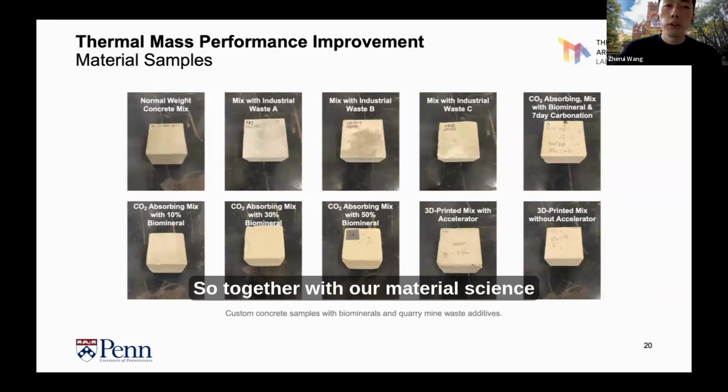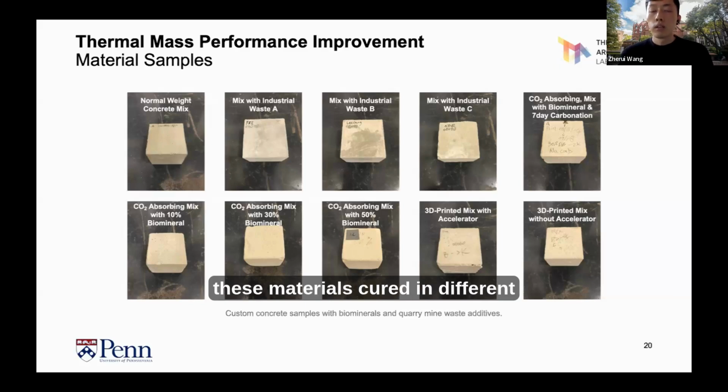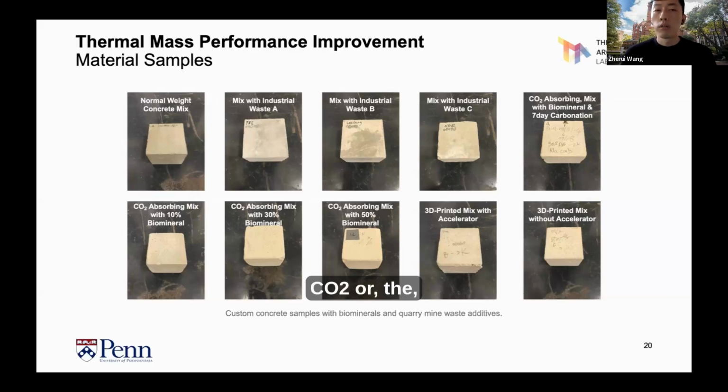So together with our material science colleagues, we devised a series of custom concrete material samples with biominerals, as we saw earlier, but also with other additives and replacement materials such as industrial mining wastes, and also testing these materials cured in different conditions, whether that's in high concentration CO2 or in the water moisture environment.